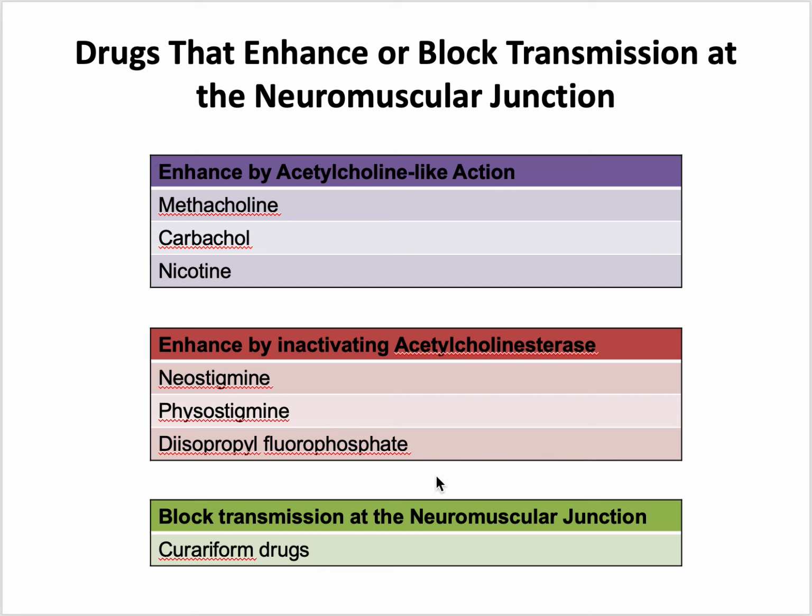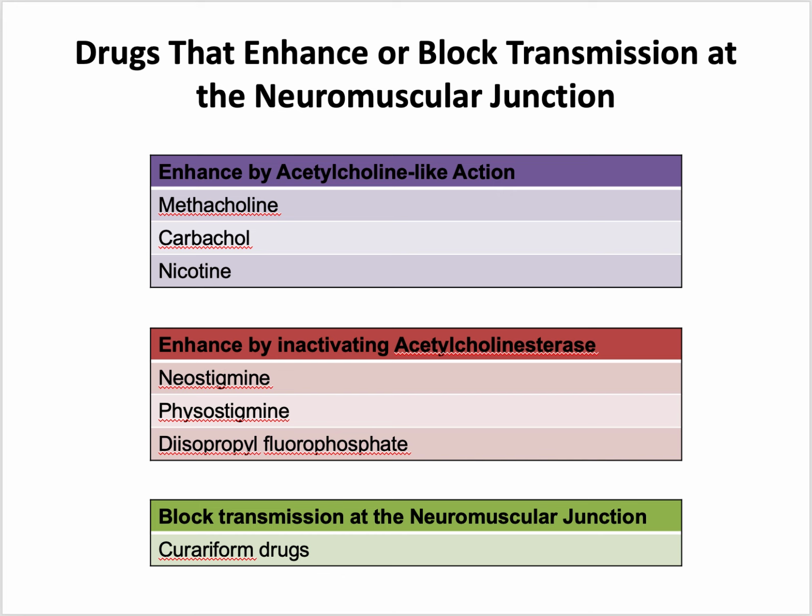I'm not going to ask you to remember these drugs, but I've talked about the mechanism that happens at the neuromuscular junction. I could give you a multiple choice question where I give you a scenario, mention a drug and what it enhances or what it inhibits, and then you would pick from choices A through D and tell me what would happen as a result of that drug being administered.